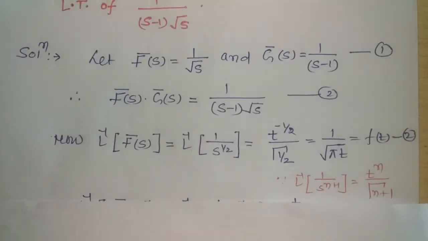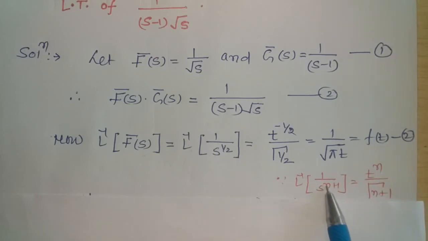Now using the formula that the inverse Laplace transform of 1 upon s power n plus 1 is t power n upon gamma n plus 1. So here put n equal to minus half, we get minus half plus 1 is plus half, so s power half.